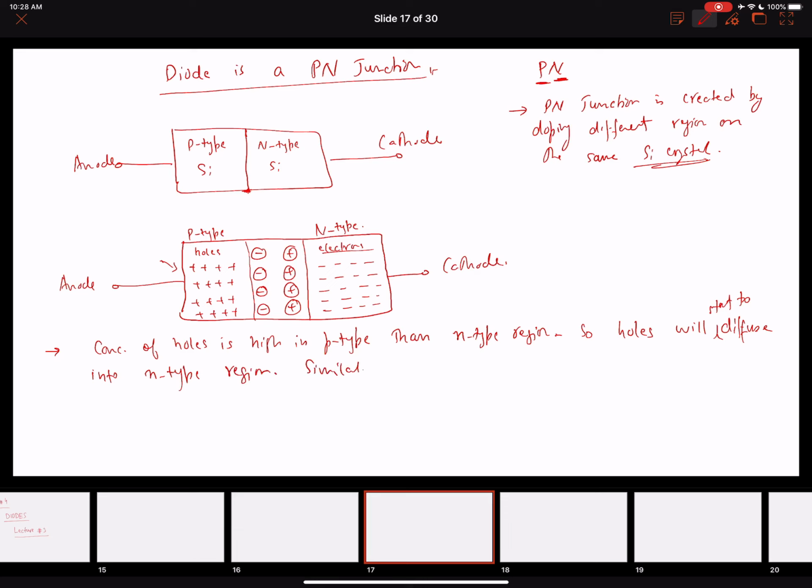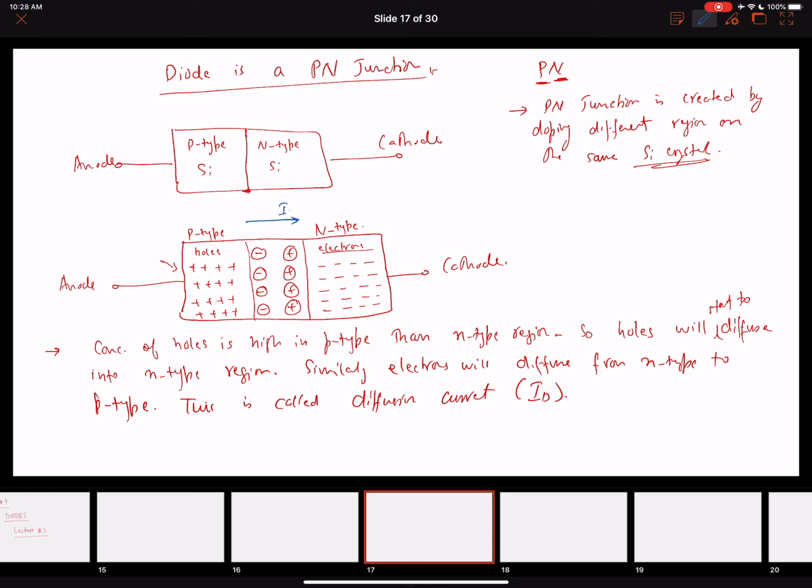Similarly, electrons will diffuse from n-type to p-type. This is called diffusion current, I_D, right? So the diffusion current will be, following the conventions, here is the direction of the diffusion current. All right.